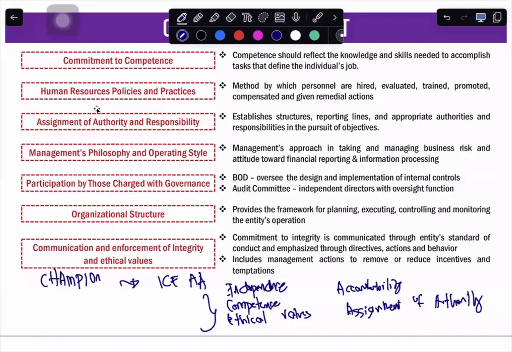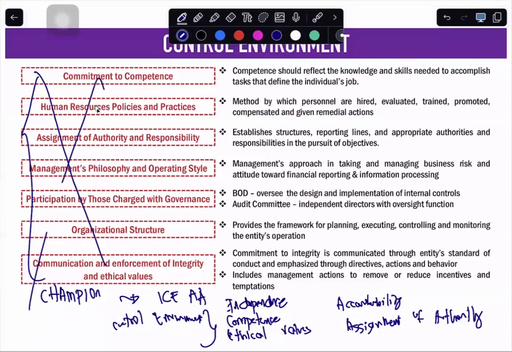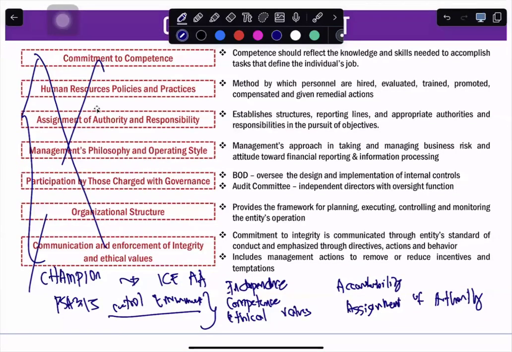So this is now your new control environment. Again, I'm repeating it. Before, we had CHAMPION as the control environment. That was changed by PSA 315 recently, so that the control environment now contains only five items. That is ICE AA: independence, competence, ethical values, accountability, and assignment of authority.